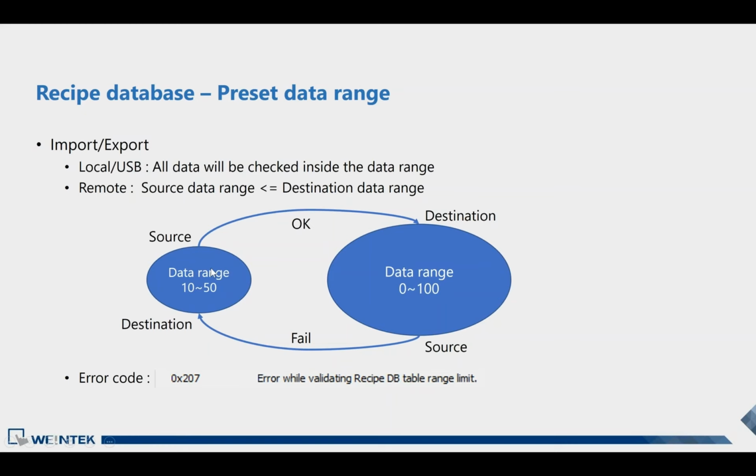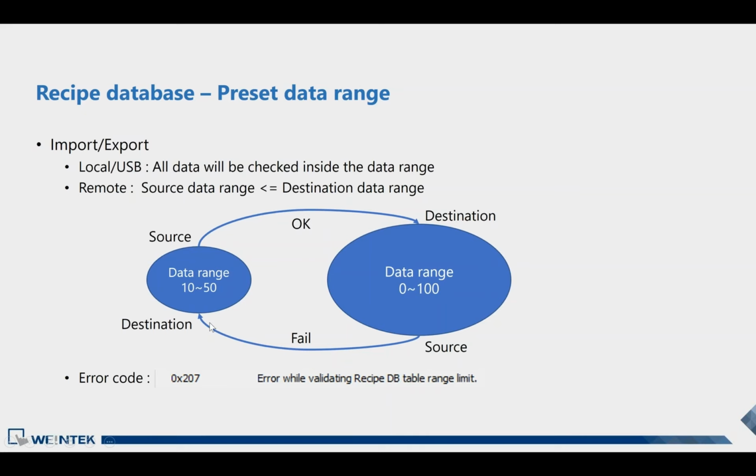When the source data range is smaller than or equal to the destination data range, recipe files can be transferred this way. But the other way will fail.